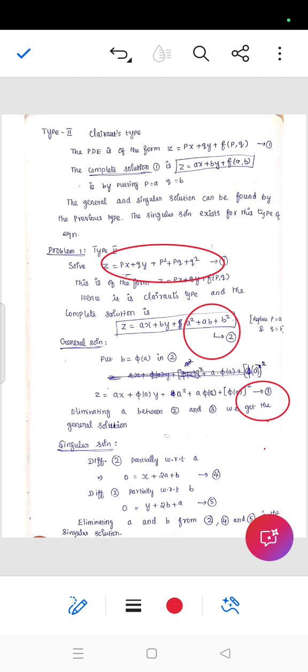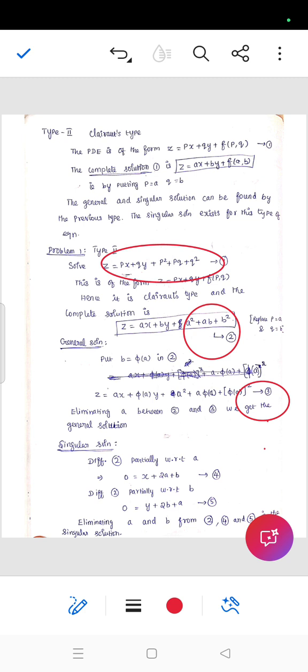And next we have to find out the singular solution. How do we obtain the singular solution? Take the complete solution, then you have to differentiate. There we have two arbitrary constants a and b. We differentiate that second equation with respect to a and with respect to b, and we will get equations 4 and 5.